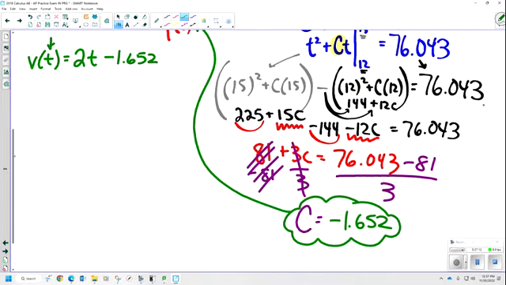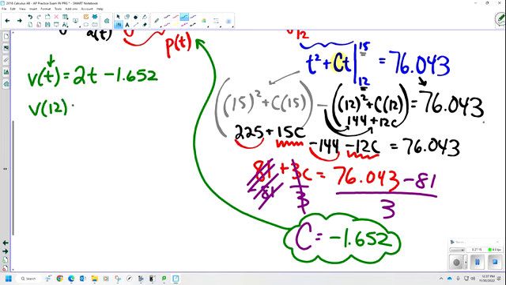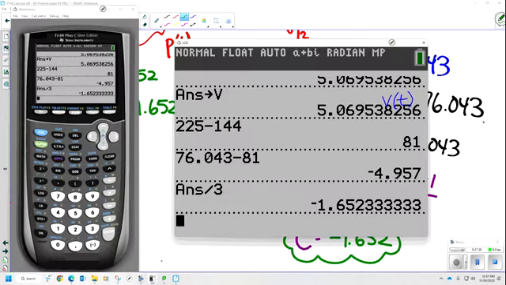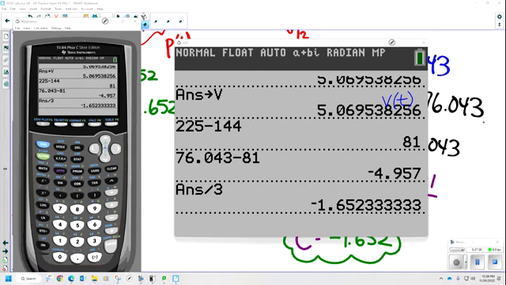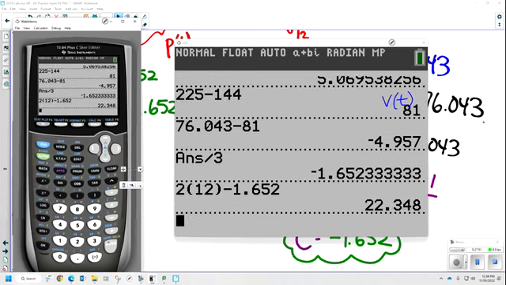So V of 12 is 2 times 12 minus 1.652. 2 times 12 minus 1.652 is 22.348.